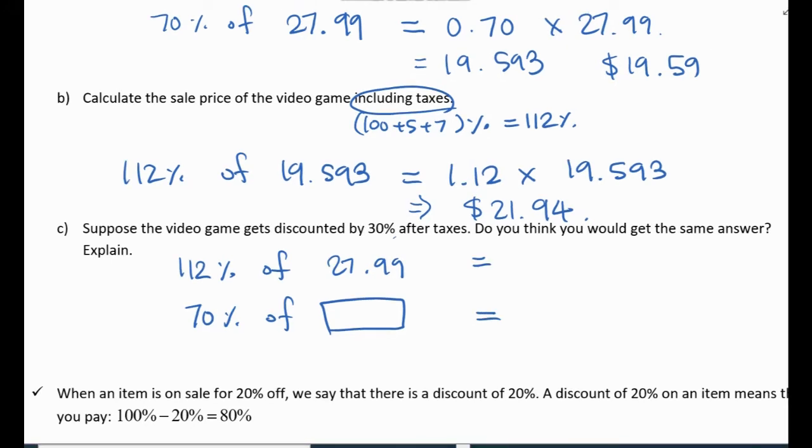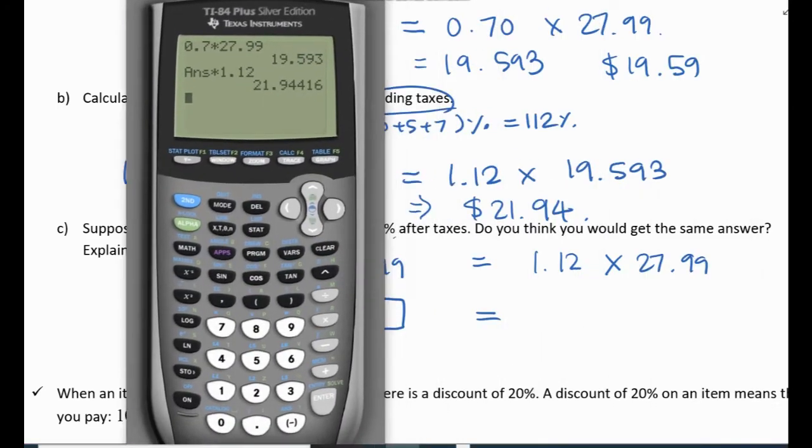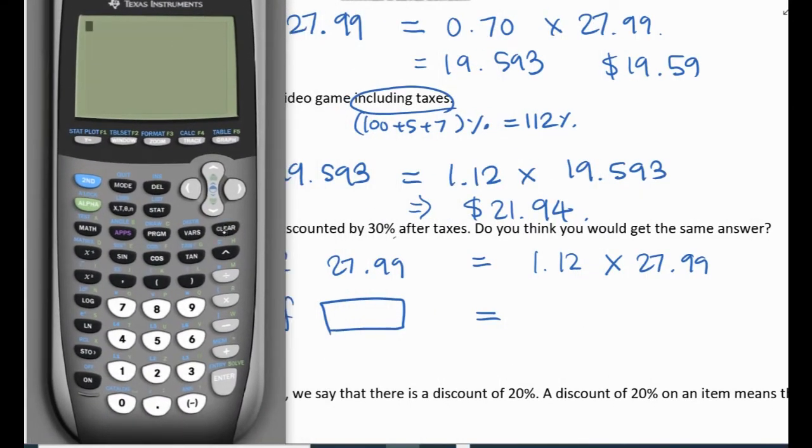Okay, 112% of 27.99. If you move two decimal places, that is 1.12 times 27.99. That's 31.3488.